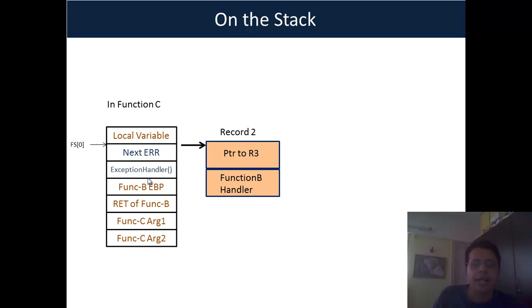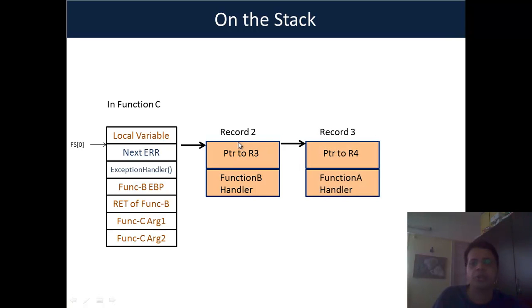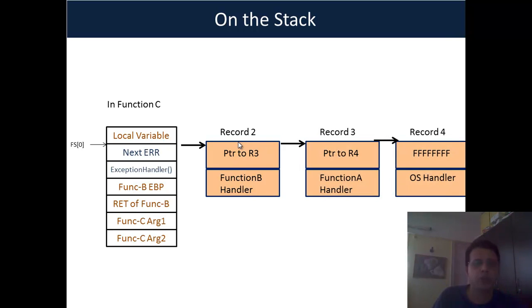Now, as we know, the next ERR actually points to record 2, which in turn points to record 3, and which in turn points to record 4. One of the most important things you need to understand is that all of these records are there on the stack, as we saw in the previous video, within their respective stack frames of the functions in which they have been set up and may be called in the case of an exception.